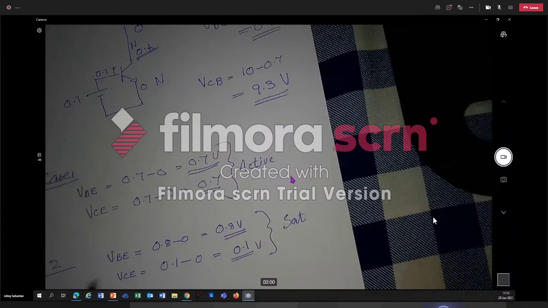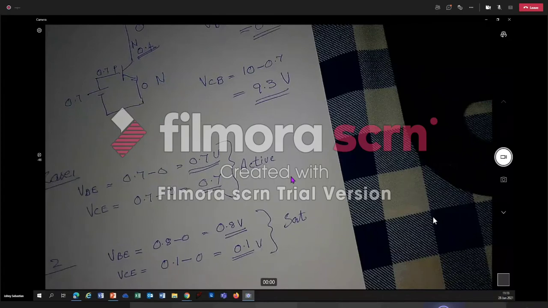Let's look into case number 3. Find VBE. Voltage at the base is 0 minus voltage at the emitter, minus 0.7, that is plus 0.7 volt. Next, let's see VCE.